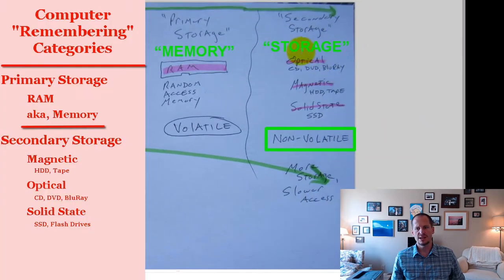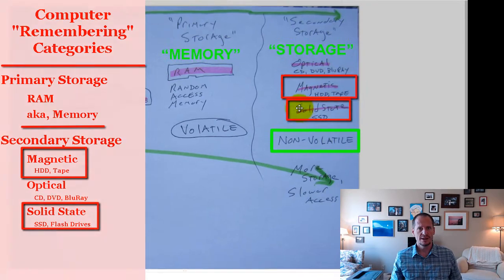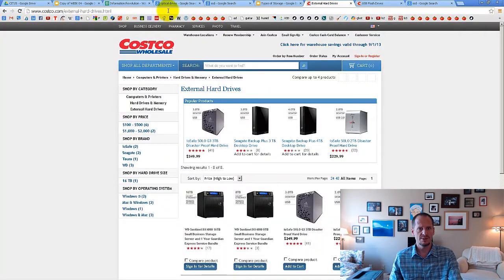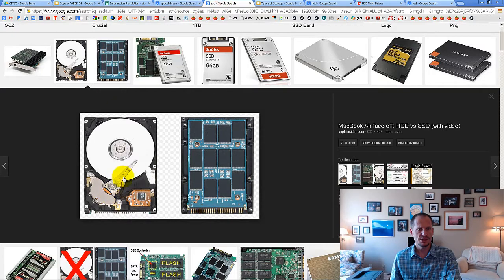And finally, just to generally look at each of these categories, we've looked at magnetic, we've looked at solid state. And solid state is nice. Again, I know I've said this before, but just to reiterate, there are no moving parts. With your hard disk drives, you have that read-write head, which is a moving part. But with solid state, there are no moving parts.